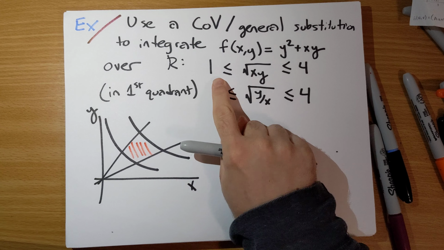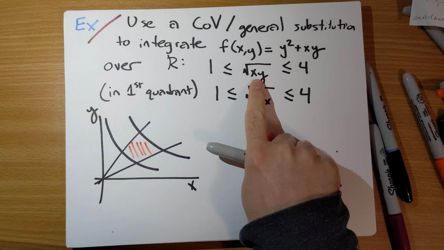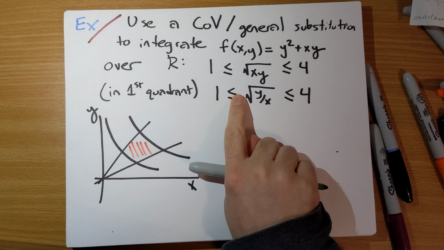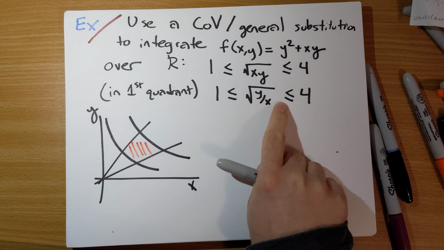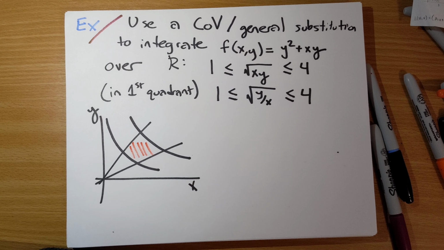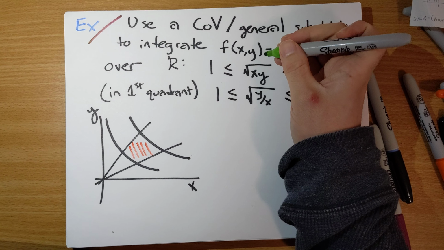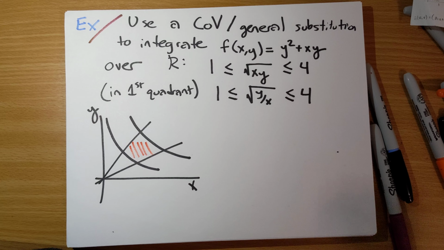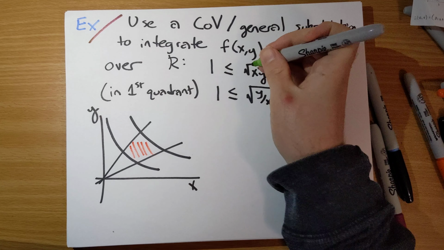Well, take a look here. 1 is less than or equal to the square root of x times y is less than or equal to 4. 1 is less than or equal to the square root of y over x is less than or equal to 4. This really suggests, thinking that in the UV plane the bounds should be nice.